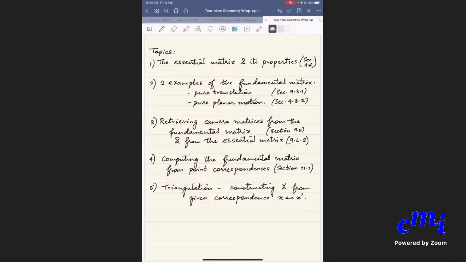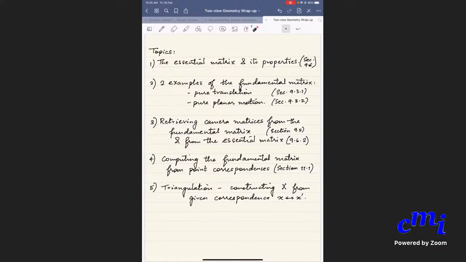Okay, so right now what I'm going to do today is talk first about the essential matrix. This is something I talked about towards the end of the previous lecture. So let me define the essential matrix and state its properties. Number two, although I have stated it here, this is something that I'm going to leave to you. Two examples of the fundamental matrix in some simple situations.